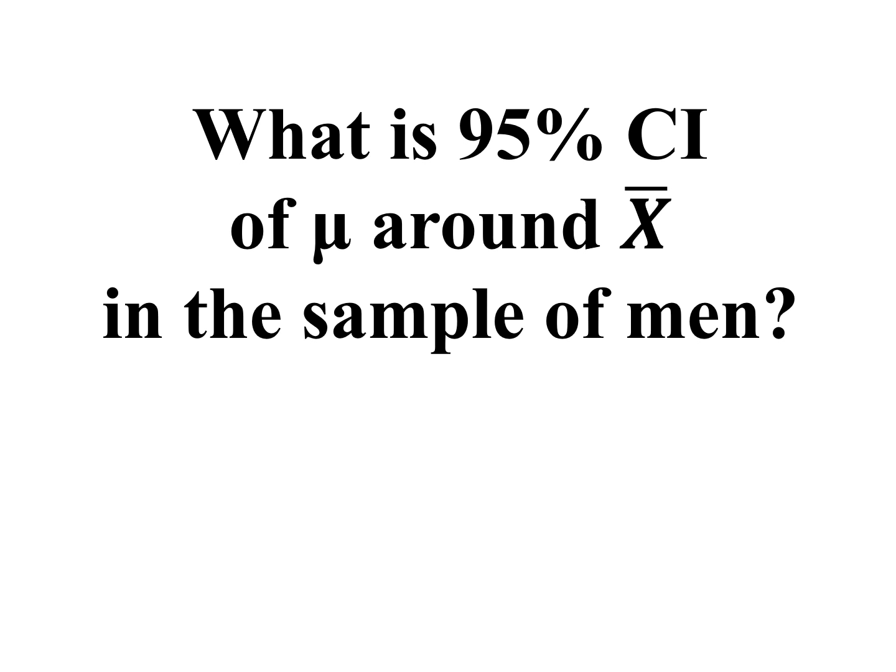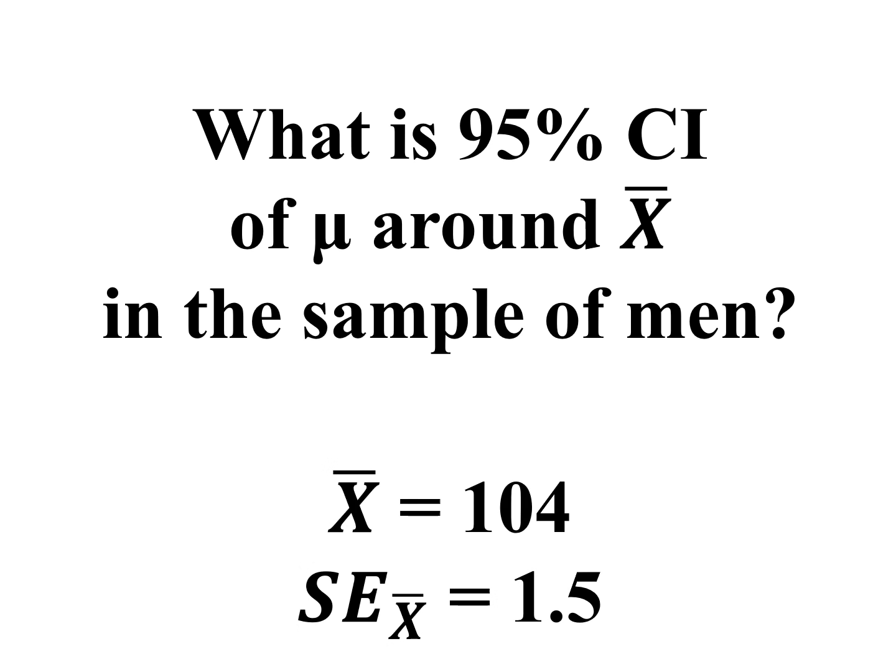So now that we know the standard error, let's ask another question. What is the confidence interval of mu around the sample mean in the sample of men? We already have the numbers we need to construct the confidence interval. We know the sample mean is 104, so that's at the center of the confidence interval. And we just calculated the standard error of the mean, and it's 1.5.